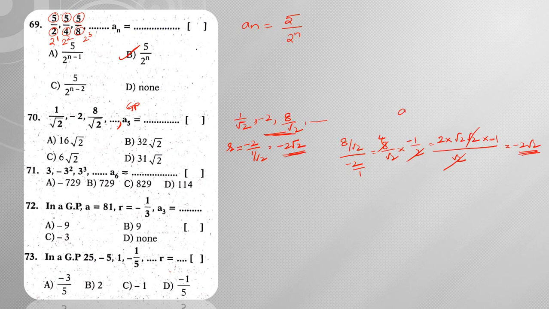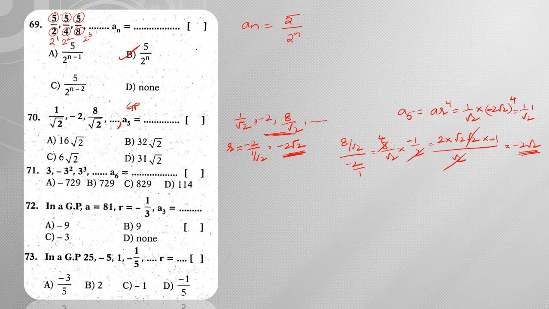Then finally, I need to find out the value of a5. a5 is nothing but a into r power 4, which I can write as a is 1 by root 2 into r, the value of r is minus 2 root 2, whole power 4. Now based on this, 1 by root 2. The negative will become positive because of the even power.